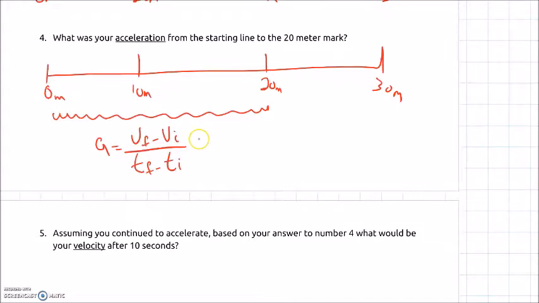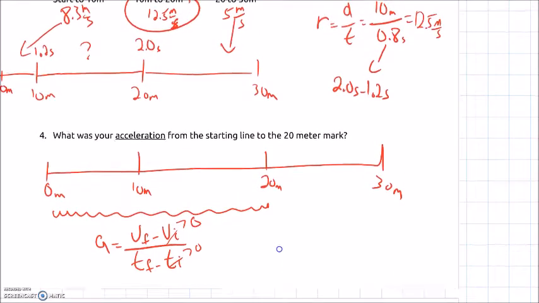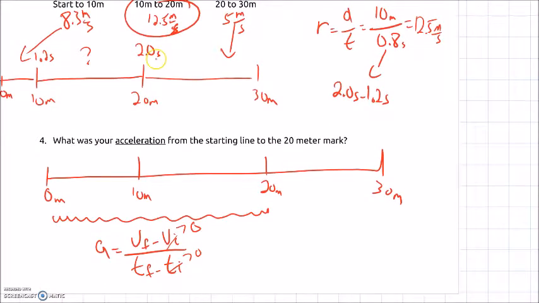And what we're going to do is plug in the proper numbers there. We know that velocity initial and time initial are going to be 0, so we can just get rid of those variables. Velocity final, in this case, is our velocity at 20 meters. Our velocity at 20 meters was 12.5 meters per second. We already calculated that.